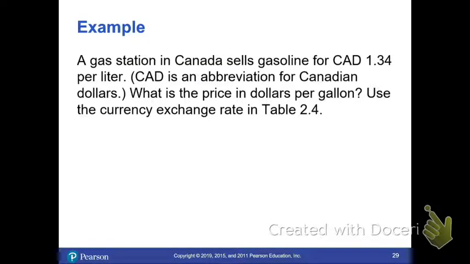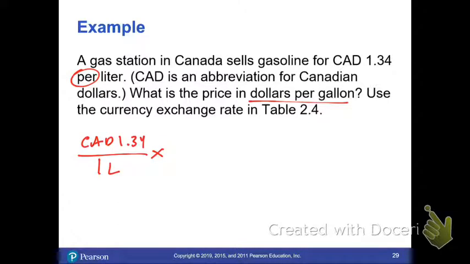Okay, if you've gone through it, I'm going to go through it with you. This one has 2 units. We have CAD 134 per 1 liter, and we're looking for dollars per foreign, sorry, dollars per gallon. So first thing is we need to change this CAD to US dollars.